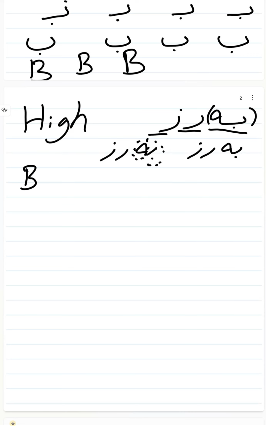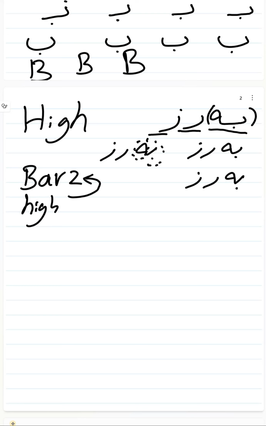So baris in English, B-A-R-Z, or high in English, which is pronounced this way in Kurdish, or which we write it that way if we use the English alphabet, and we write it in proper Kurdish letters this way, baris. Okay, baris. B, my B, bizwen, R, Z, right? I'll write it one more time for you. Baris.